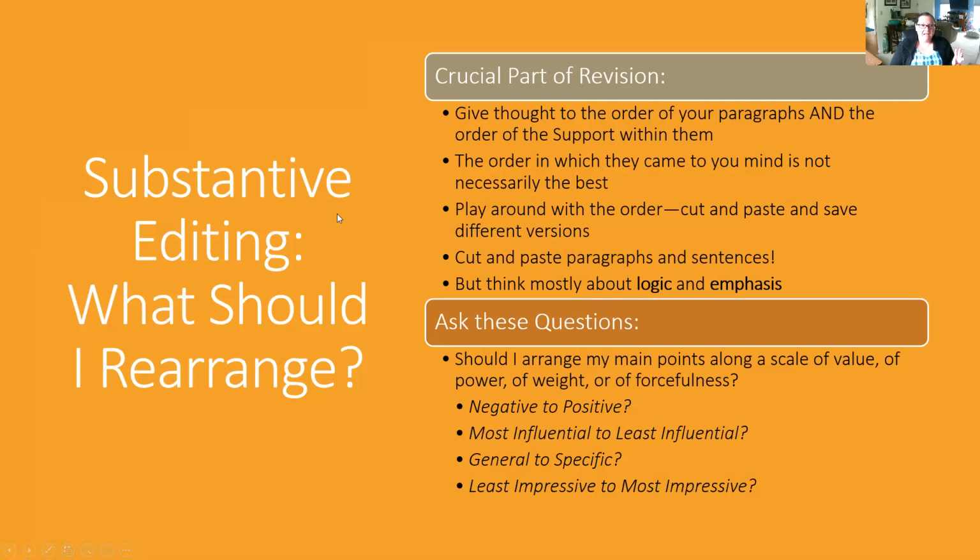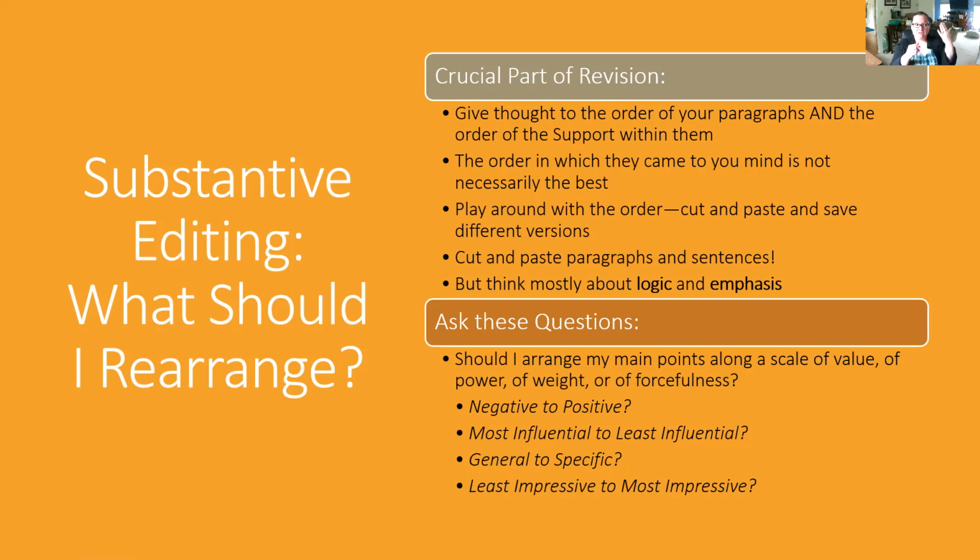Looking at that outline, you might decide, I'm not sure I like the order of my main ideas, right? So thinking about rearranging things, that's a pretty important step of the revision process too, especially here in substantive editing. You want to give a lot of thought to the order of your paragraphs and the order of your supporting details within each paragraph.